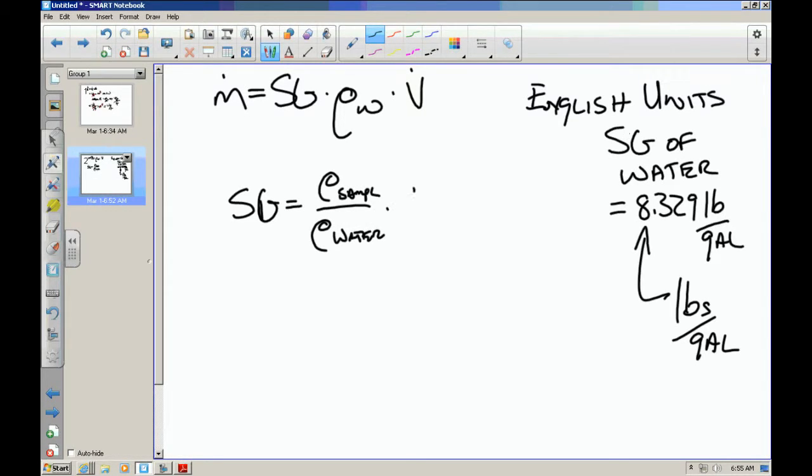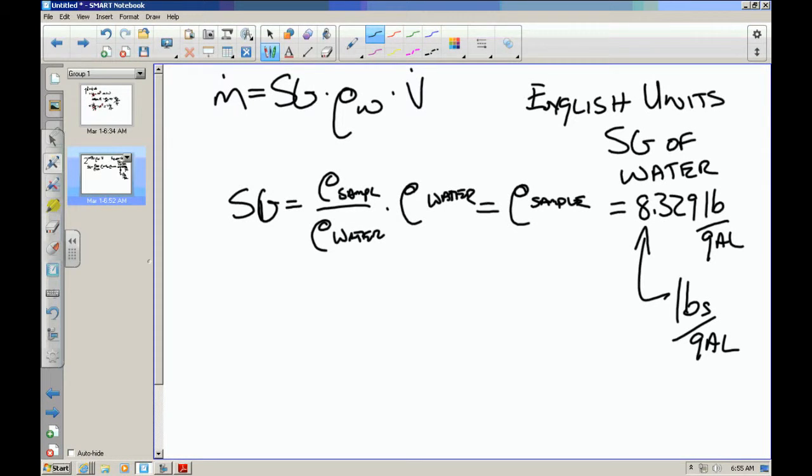And if I multiply that by rho of water, I end up with sample density. So 1.2 times 8.329 will give me the density of propylene glycol in pounds per gallon. So that is okay.